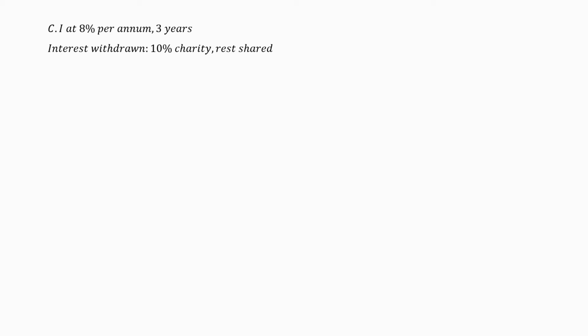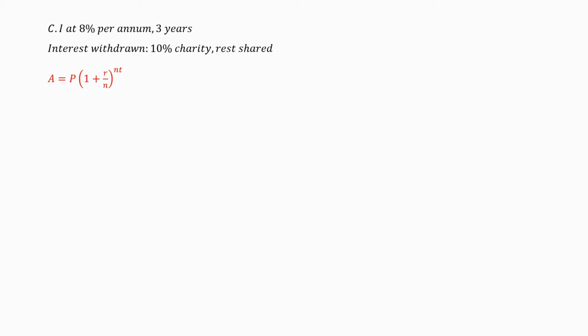So in relation to calculating compound interest, we can use the formula A equals P into 1 plus R over N, raised to NT, where A is the total amount after compounding, P is the principal, R is the interest rate per year, N is the number of times compounded per year, and T is the number of years.